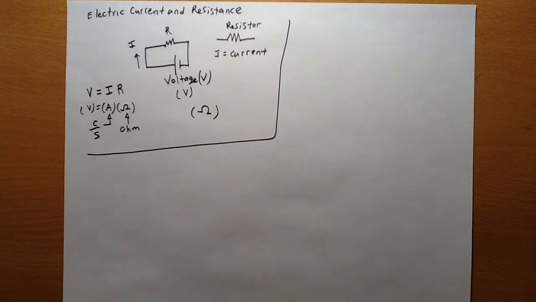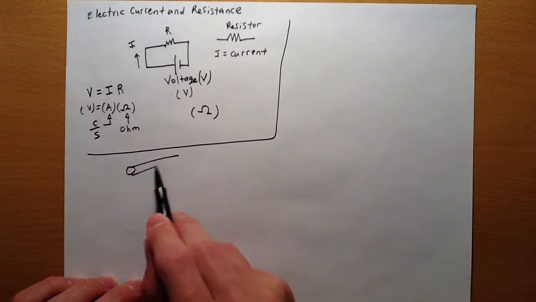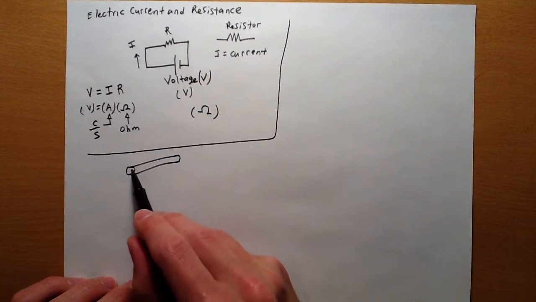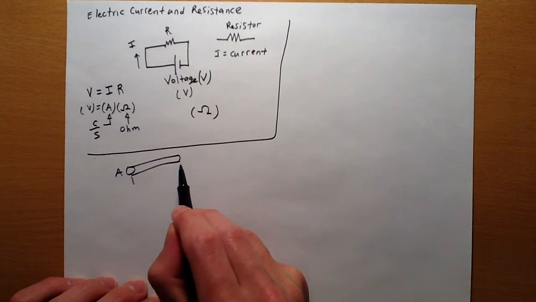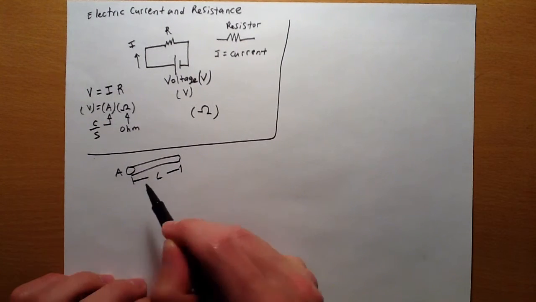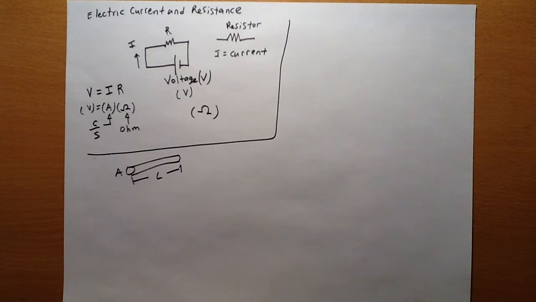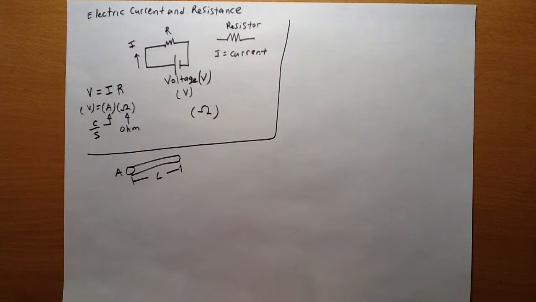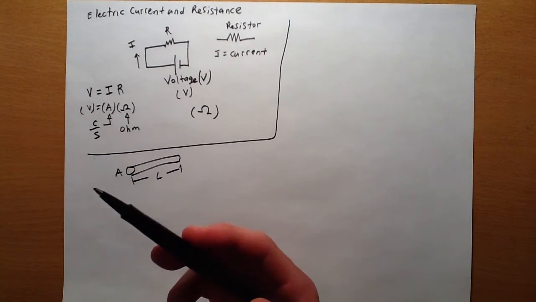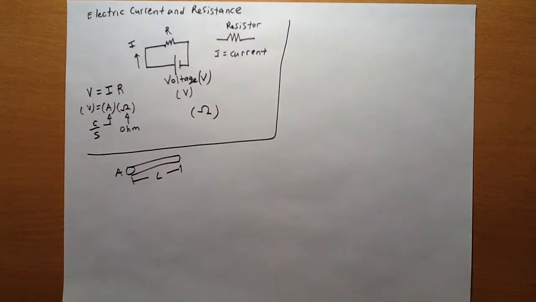Another thing is, if we have a wire, and its face has area A and length L. If we increase the length, we increase the resistance because it has to travel over a greater distance. If we increase the area, then resistance decreases because it has a larger surface to go through.